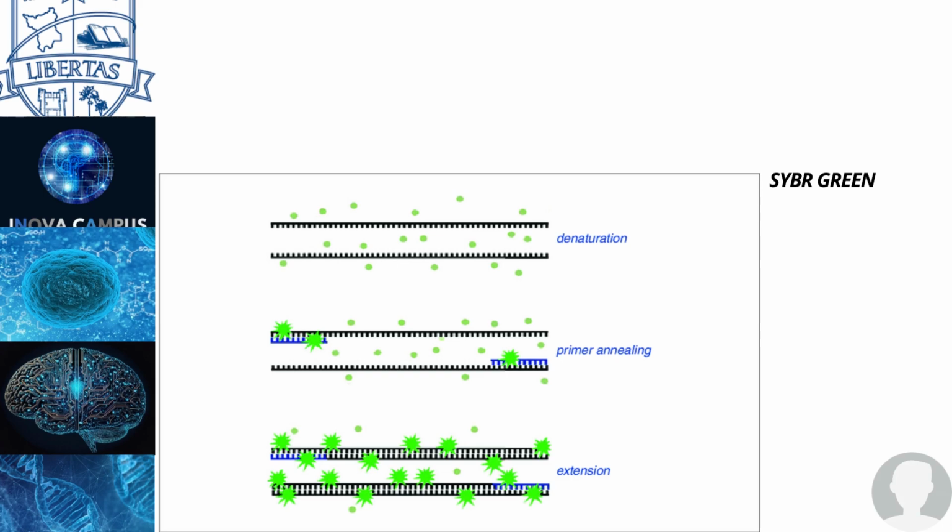And because this thing glows and it marks specific regions that we want to study, we can see if there is a great concentration of the gene of this pathogen. Of course, we're talking about viruses and bacteria here.